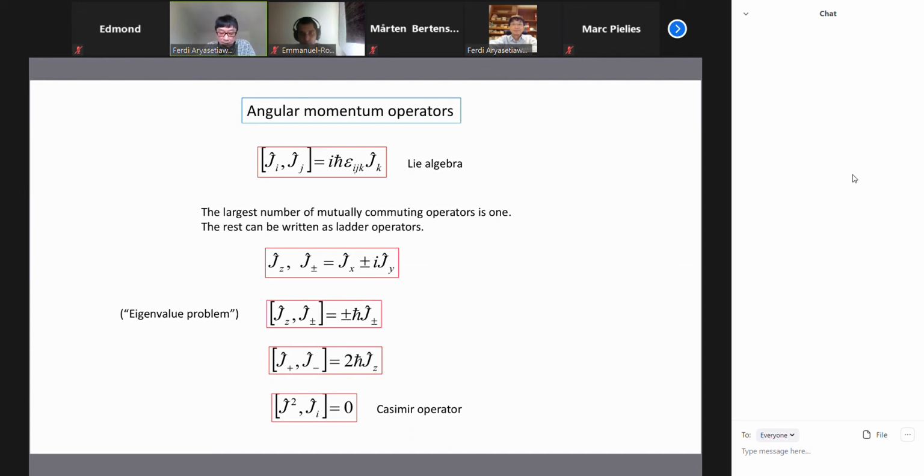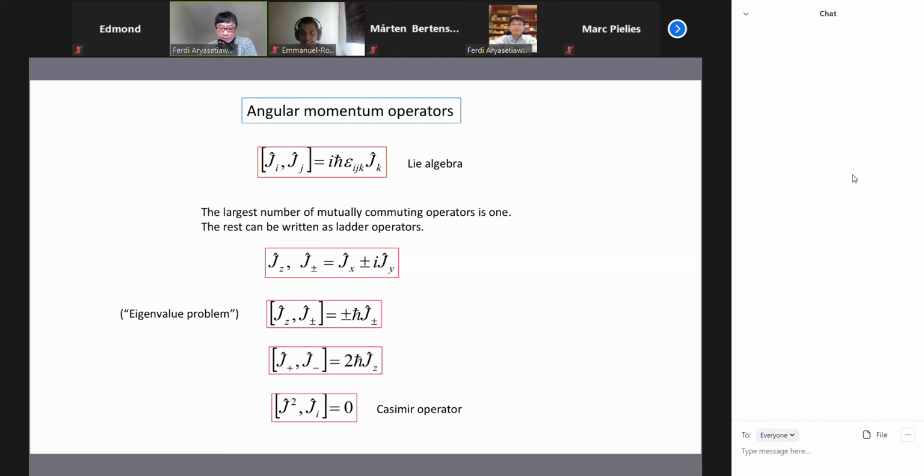we discussed that if we have such a Lie algebra, then we can regroup the operators into a set which mutually commute, and the rest which can be written as ladder operators. So that's the raising and lowering operators.